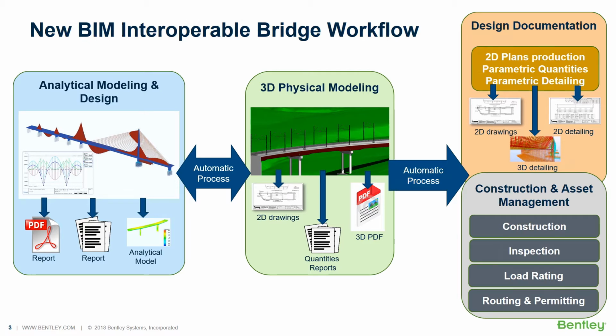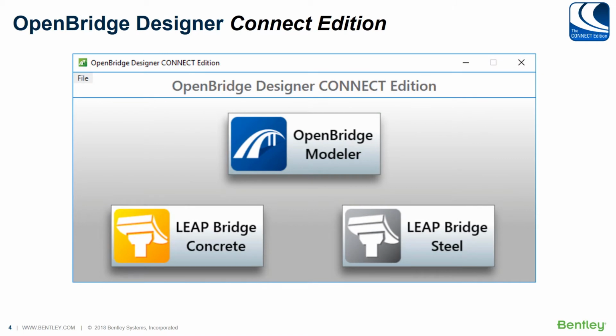For that, what we use is OpenBridge Designer. In OpenBridge Designer, we created a dashboard that allows us to model the bridge in OpenBridge Modeler. If this bridge is a prestressed girder, then we design it with Bridge Concrete. If it's a steel I-girder bridge, of course, we will send it to Bridge Steel.